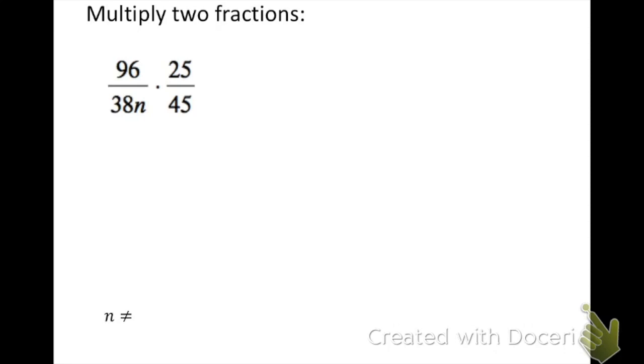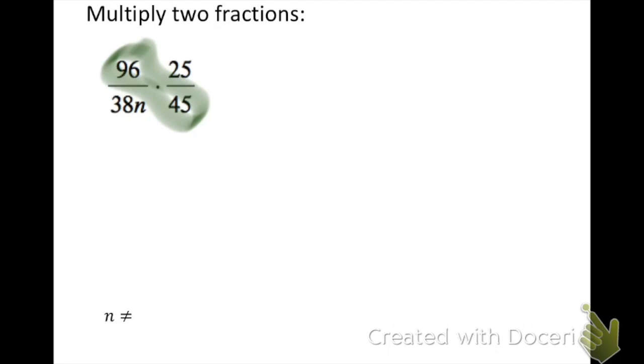Okay, so now we don't have any adding and subtracting going on, so we can cross-simplify if possible, which I believe we'll be able to do on this one. So let's look at the 96 and the 45. Okay, 96 and 45, I think they have a common factor of 3.